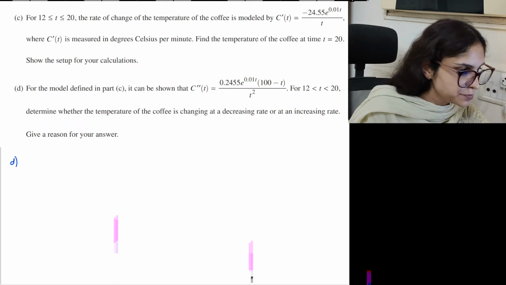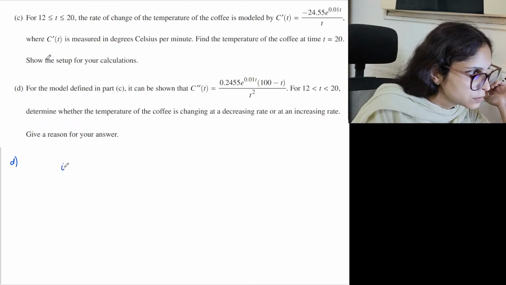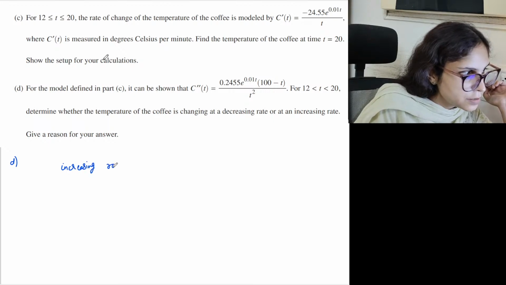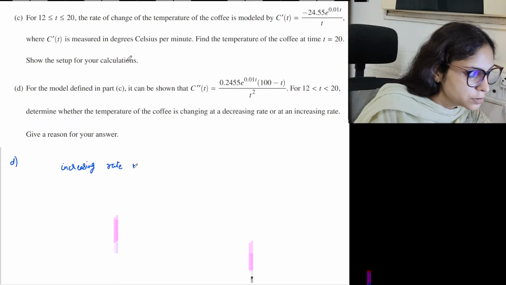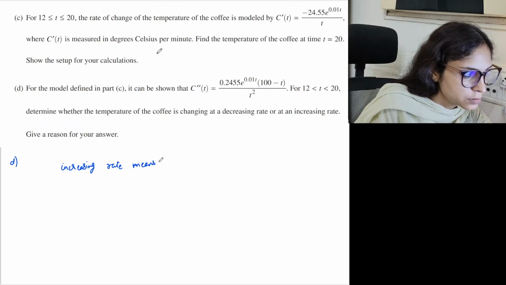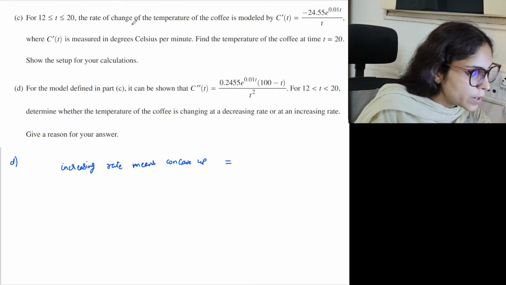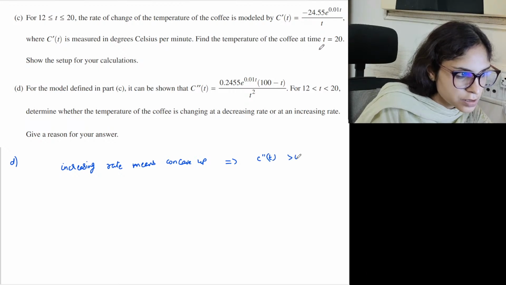So over here, increasing rate means concave up, which requires that C double derivative of t has to be positive, that is greater than 0.